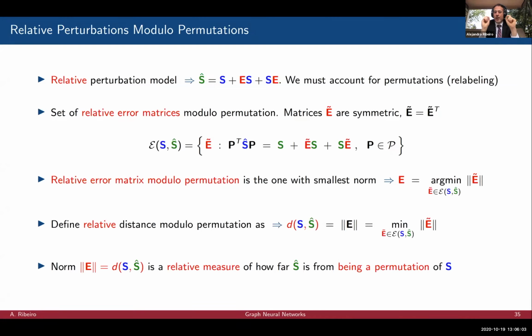I am looking for the permutation of S hat that makes S hat as close as possible to S. The error matrix E that allows me to write S hat in this form is the one that I'm going to call the relative error perturbation. And again, the norm of E is a measure of how different these two matrices are.